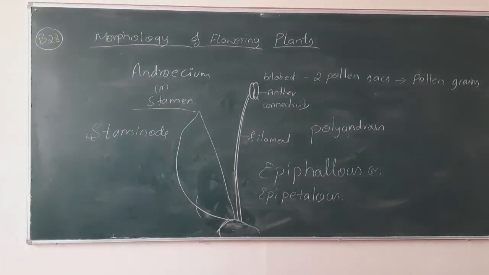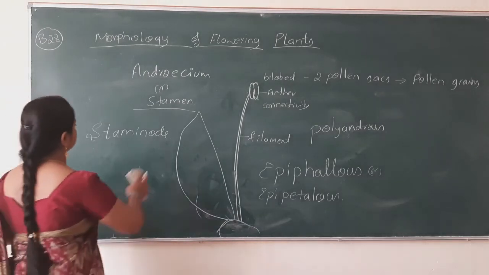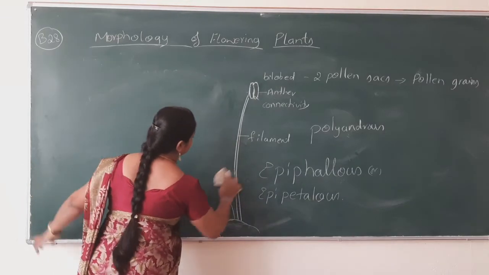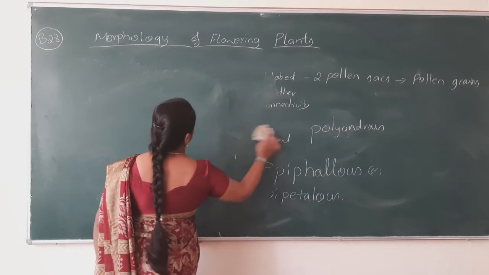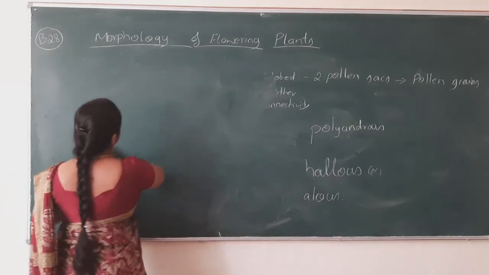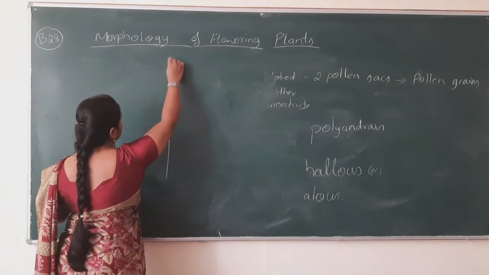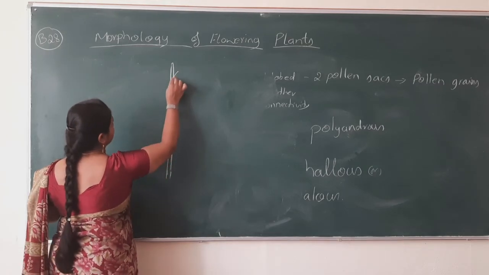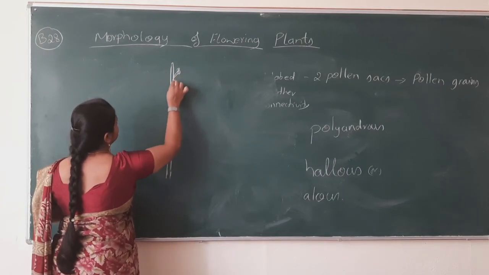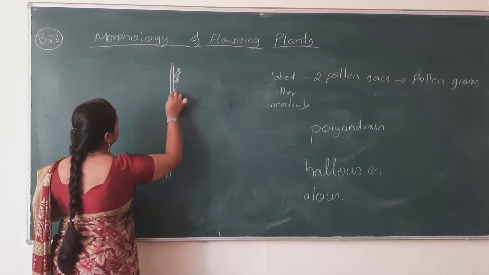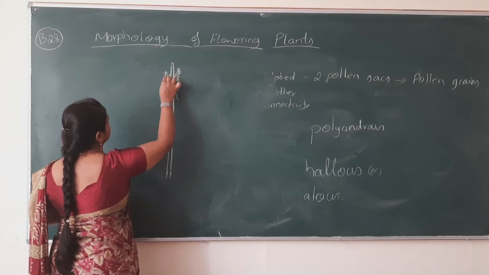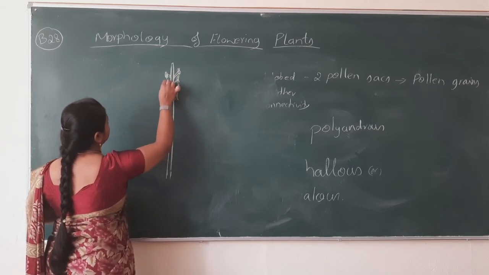Okay. The next is, if the stamens unite with one another, so here this is one filament and all the stamens remain attached to this filament. This type of arrangement you might have seen in hibiscus.